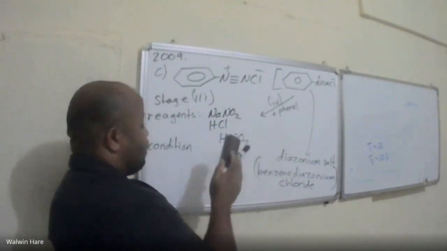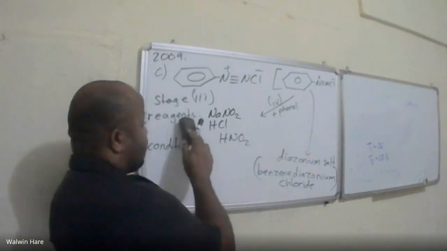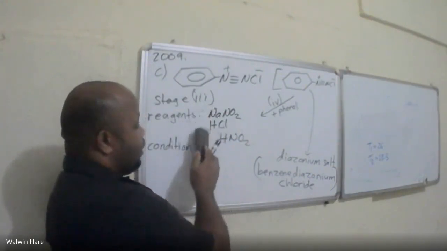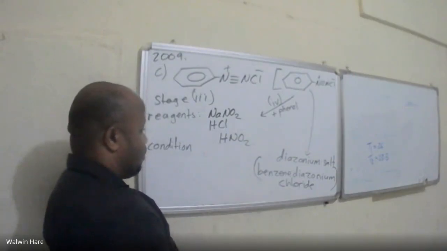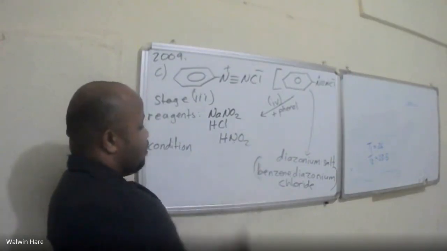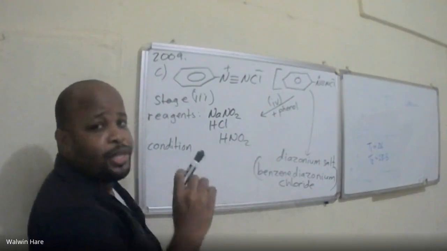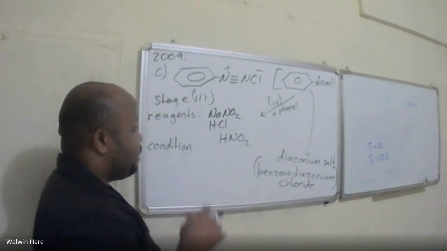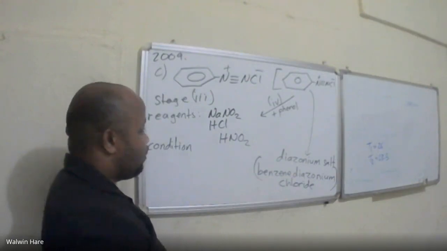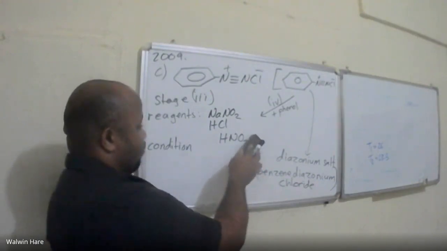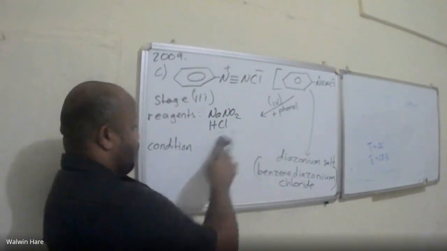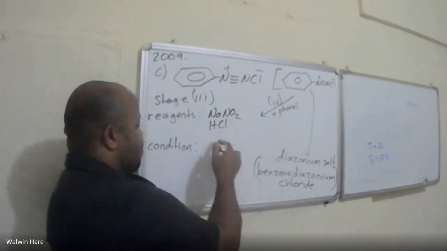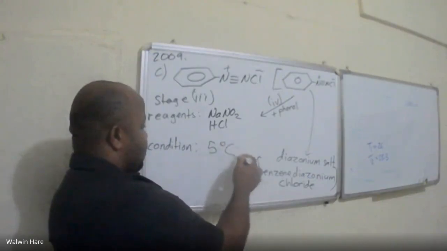So instead of using HNO2 and HCl for the reagent, put sodium nitrite and HCl. Because if we put HNO2, it would mean that we're adding the HNO2 directly, but we actually generate it within this solution. And we know that this occurs at very low temperatures, right?